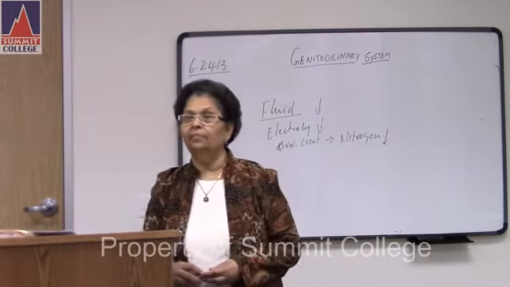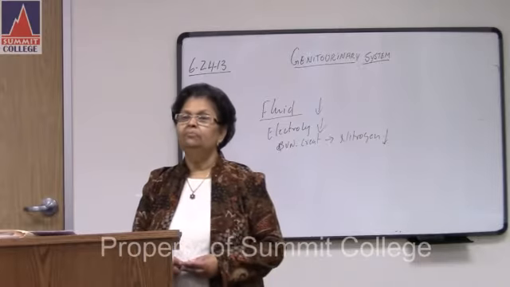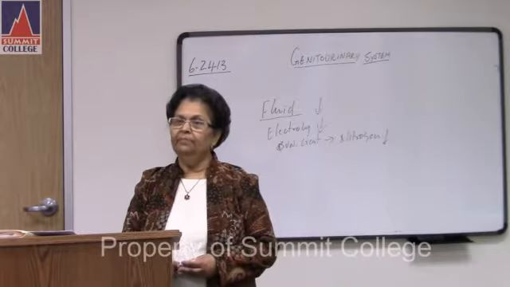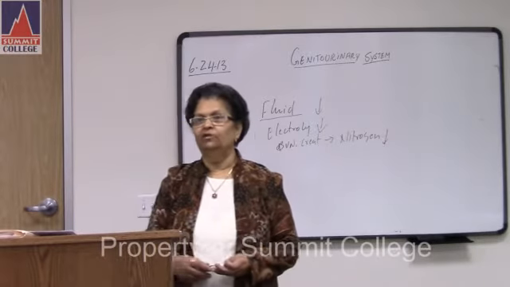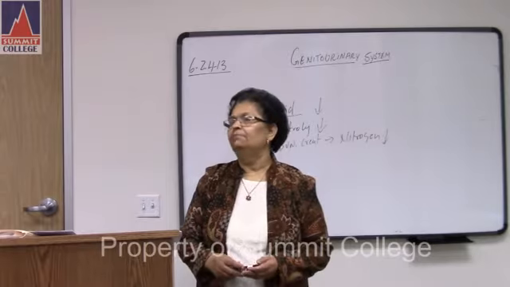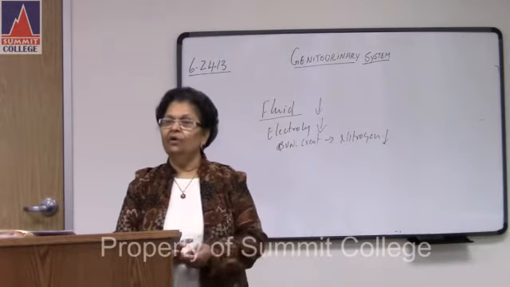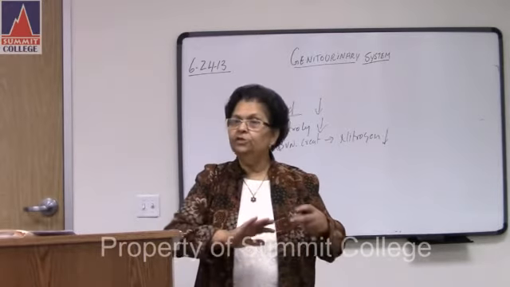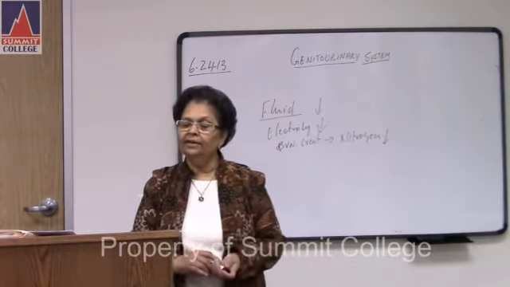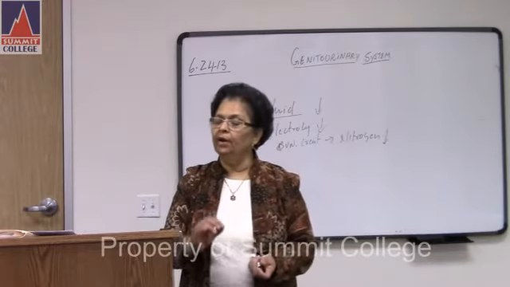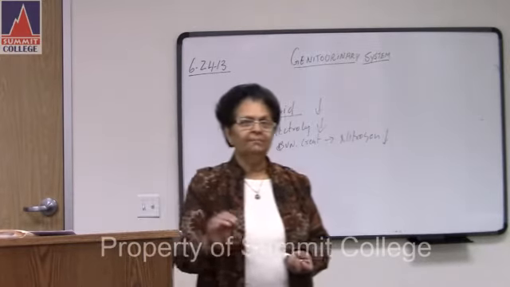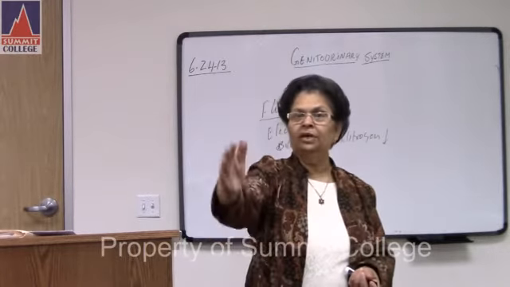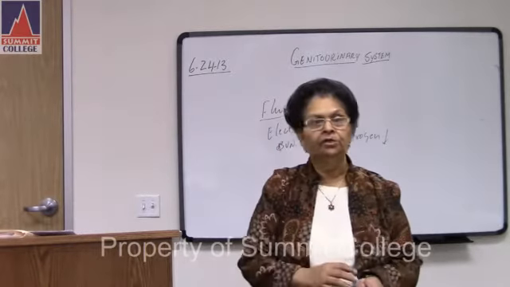What kind of dialysis? I'm going to talk about hemodialysis. The principle of hemodialysis is, number one, they put a membrane, and we call it a semi-permeable membrane. What does the membrane do? It allows small particles such as urea, creatinine, uric acid, and water molecules to pass through. So the membrane is called a semi-permeable membrane, which allows the smallest particles to pass through.